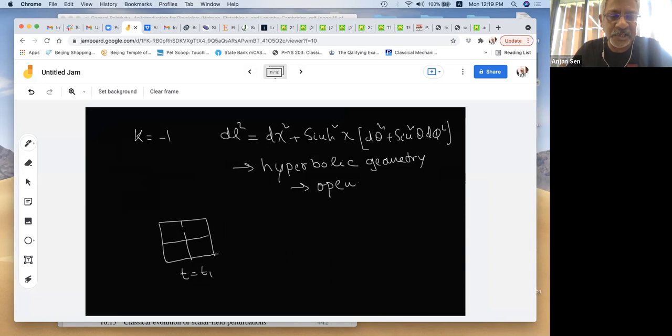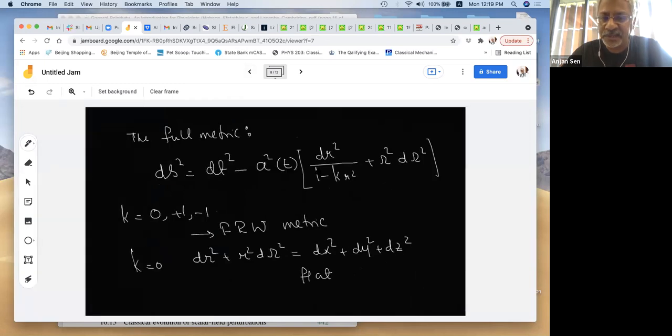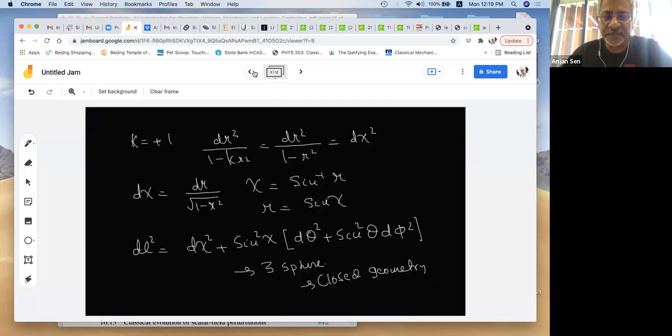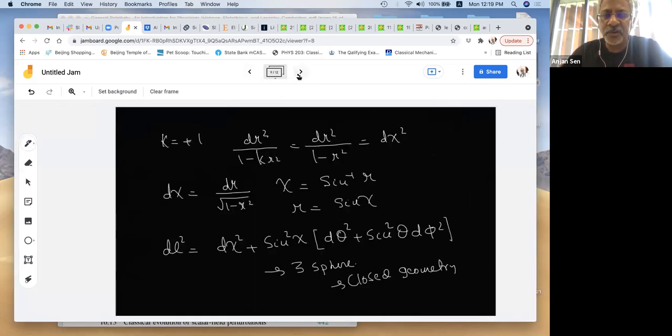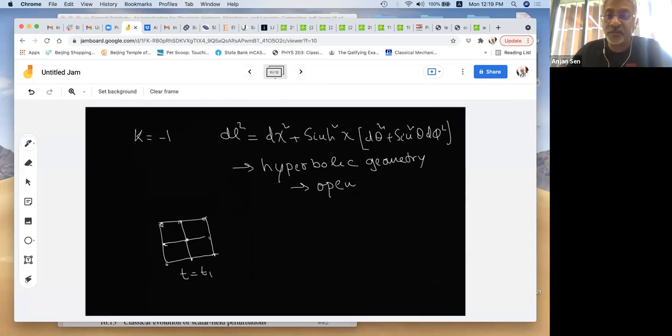Let's say at each grid point there is some galaxy sitting. What is happening? The distance between these 2 points, or any 2 points, is given by this thing. But because of this A factor, if I go to some time t2, which is greater than t1, then this box size increases.